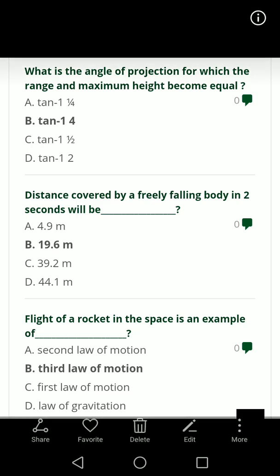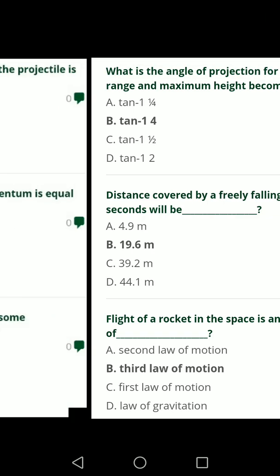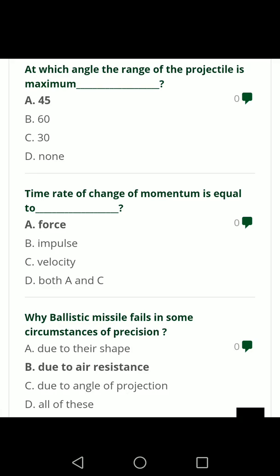Flight of a rocket in space is an example of the third law of motion. At which angle is the range of the projectile maximum? It is 45 degrees. Time rate of change of momentum is equal to force.